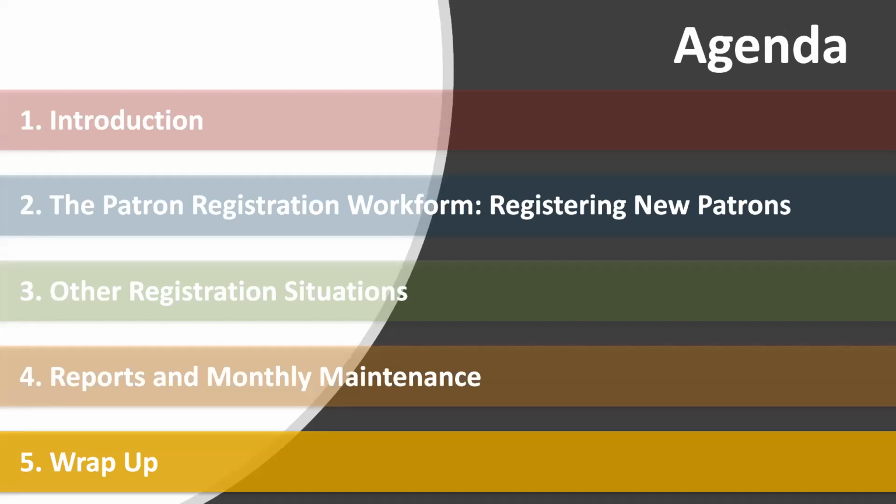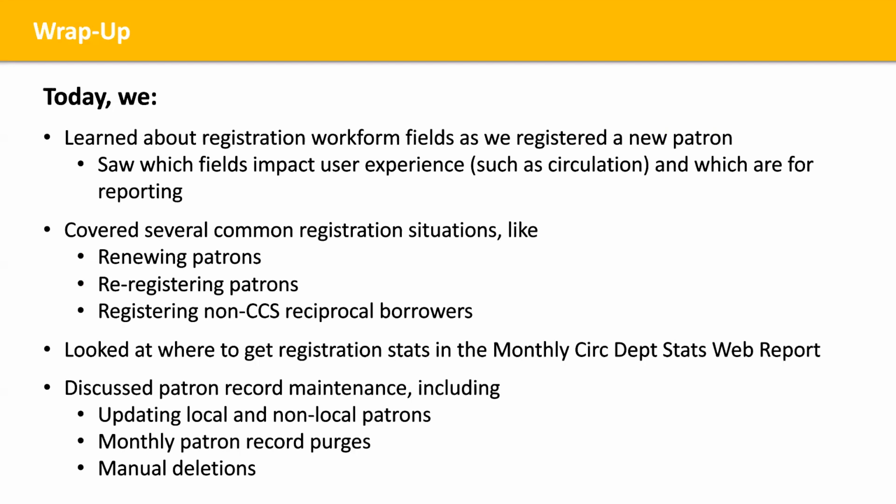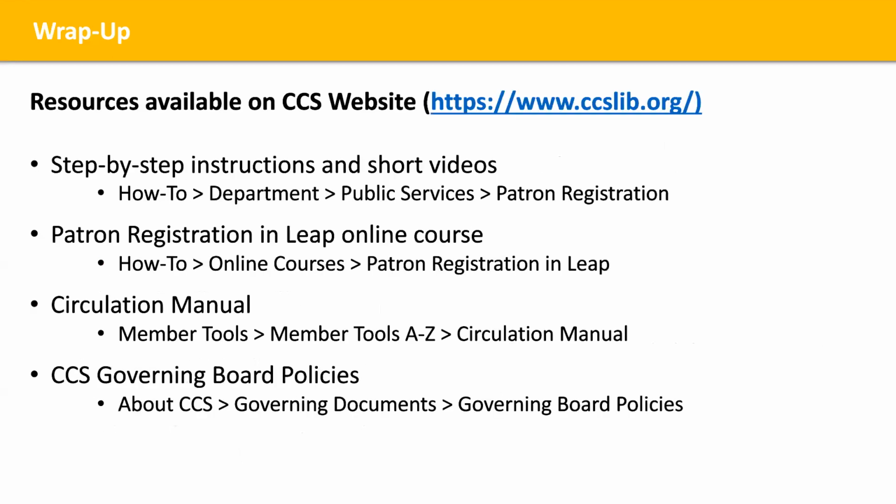Okay, we made it to our wrap up. We have covered a lot today. So here's just a quick recap of everything that we've touched on. Now, if you're looking for information about patron registration, the best place to go is the CCS website. We've got the public services page of our how-to section. There is a dedicated category called patron registration.